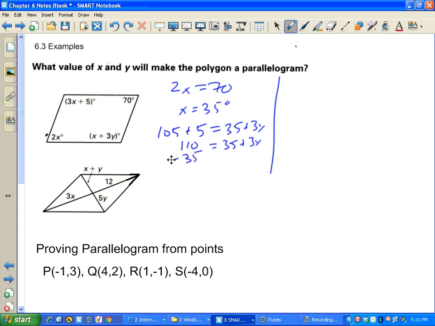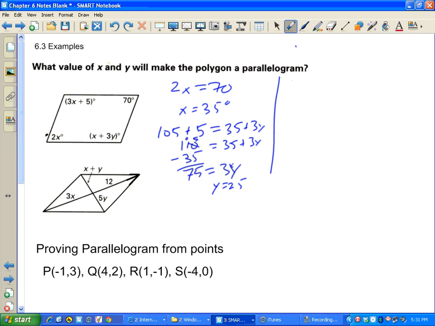Subtract 35, and I get 75 equals 3y. Divide by 3 and I get 25. So my answers would be 35 and 25.